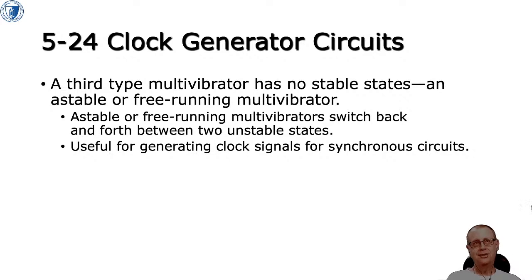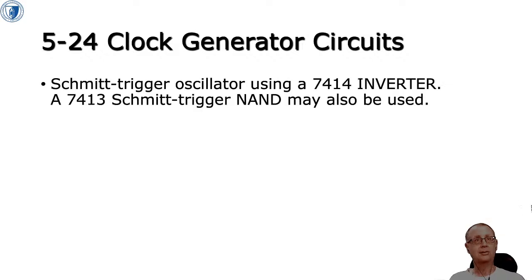And this third type is a multivibrator, but now it doesn't have a stable state, and can be called an astable or free running multivibrator. The nice thing about these is that it lets us generate clock signals. We need to generate clock signals if we want to have synchronous logic circuits.